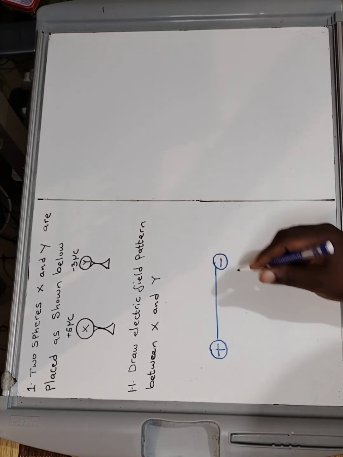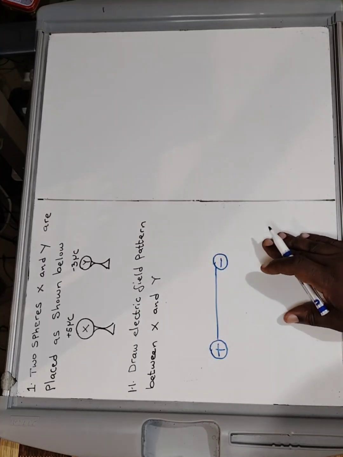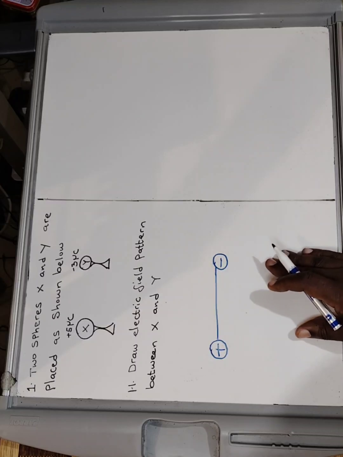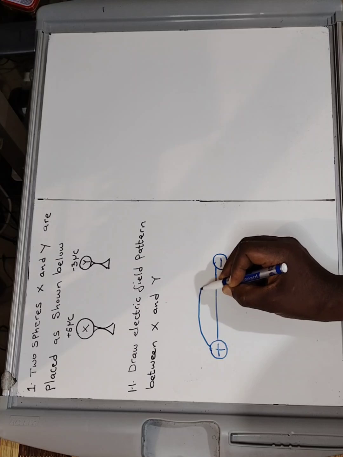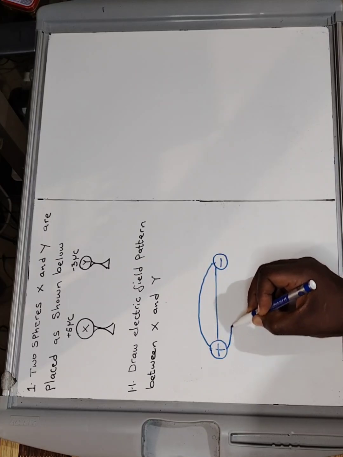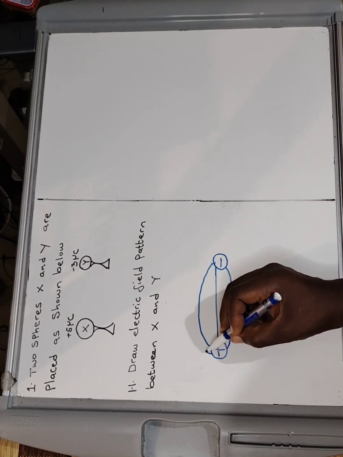They're unlike in terms of signs, so they like each other. So what do we have? We have fluxes which are coming from this side, joining that side.